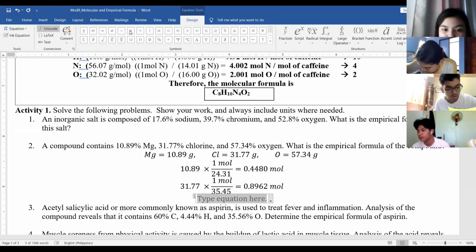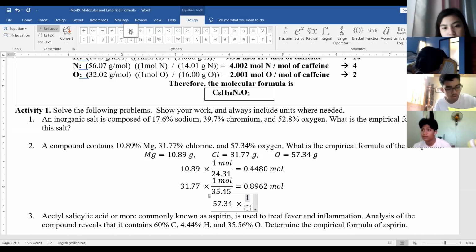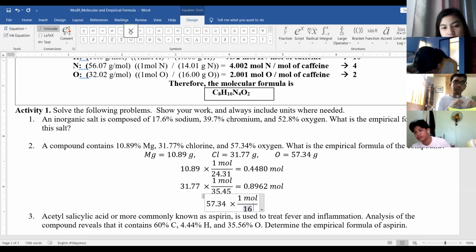Lastly, for oxygen with 57.34 grams of oxygen present in the sample, and in every mole of oxygen, we have 16 grams of oxygen.